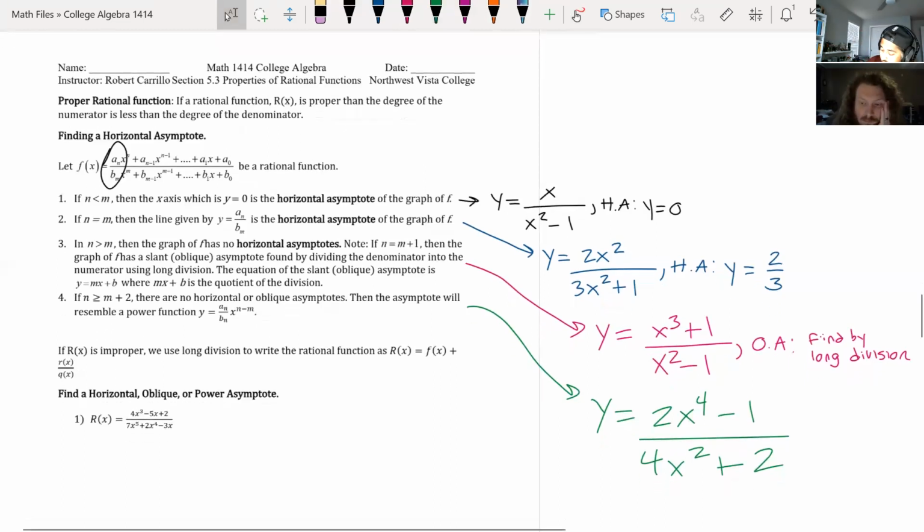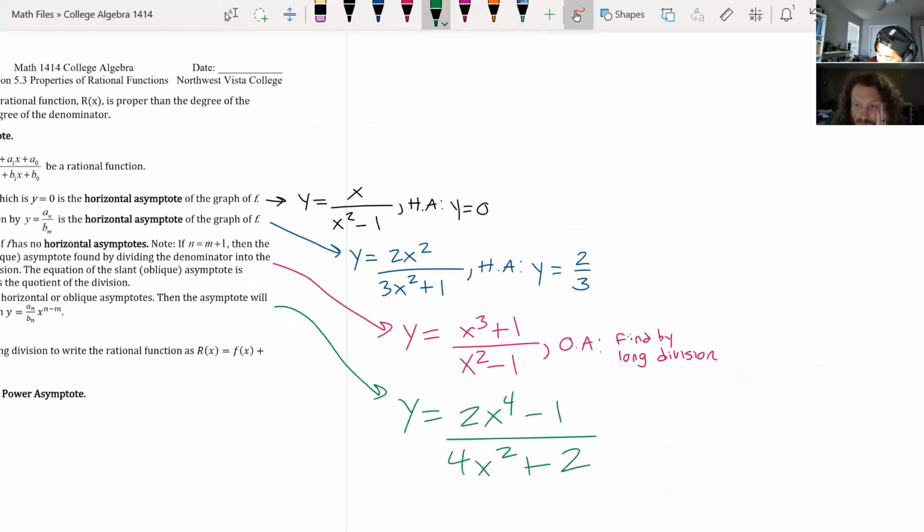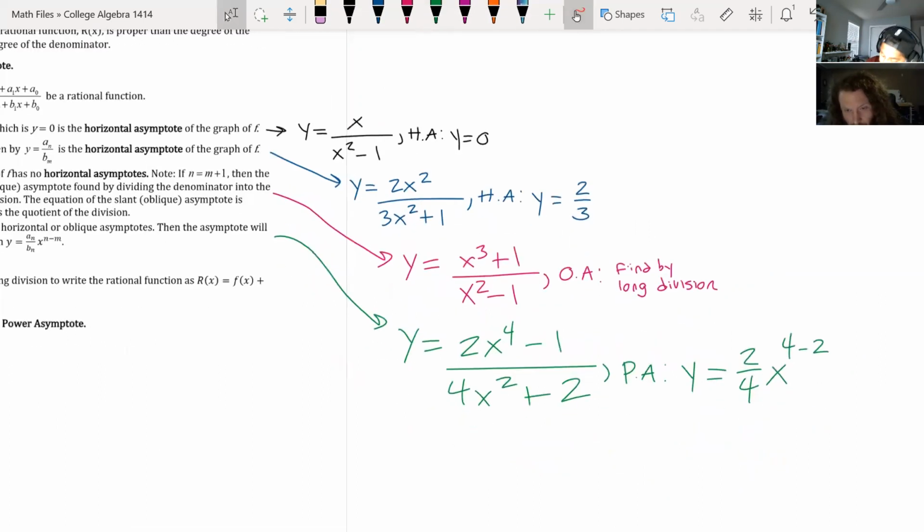So this means that you would get a power asymptote and you would put the leading coefficients over one another. So 2 over 4. And then you would subtract the exponents. So 4 minus 2. And my power asymptote, or my asymptote that would resemble a power function, would be 1/2 x squared.